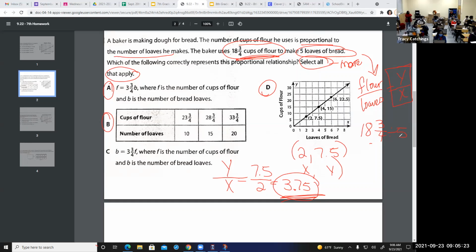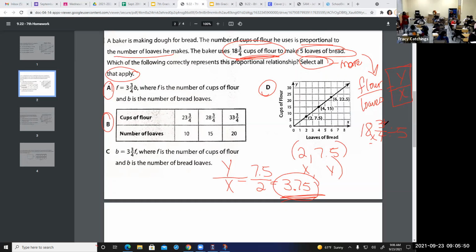This 18 and 3/4, I checked this fraction. So the improper fraction would be? I didn't do that step. Remember, we have 4-function calculators, so Miss Kitchen sees every step. 75 over 4 divided by that? Check that. Everybody check that. 18 times 4 plus 3.